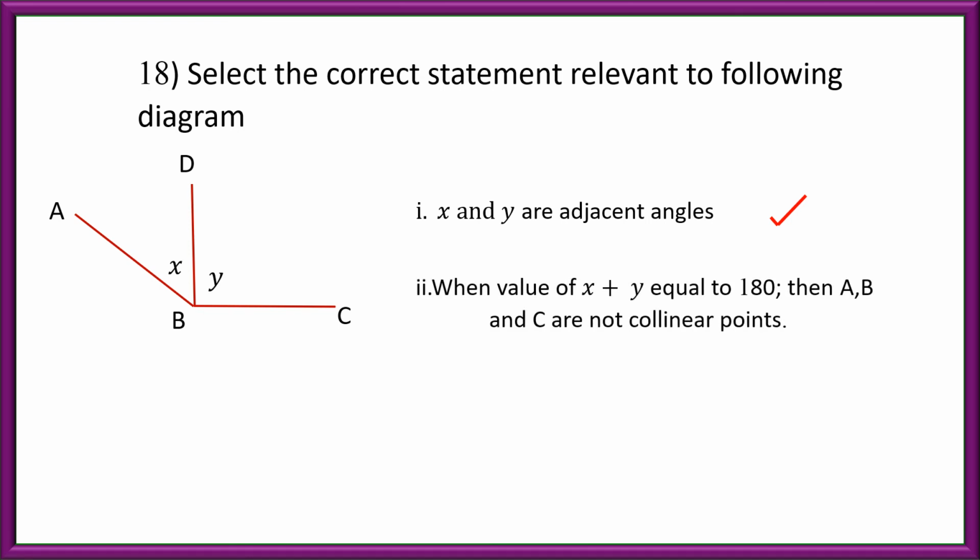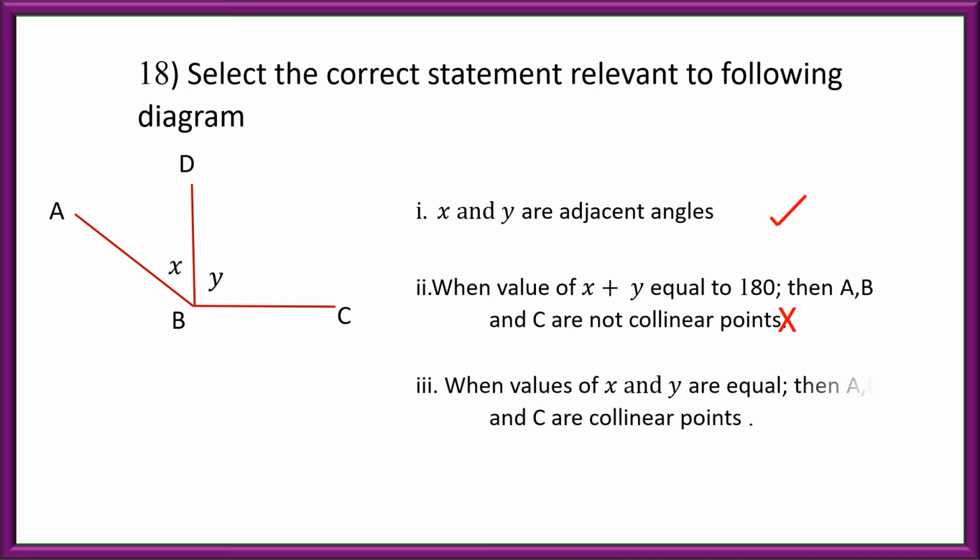In the second statement, when the value of x plus y equals 180, then A, B and C are not collinear points. The value of x plus y equals 180 degrees means it makes a straight angle. Therefore, A, B and C should be collinear points. Here they have given not collinear. Therefore, this statement is wrong.